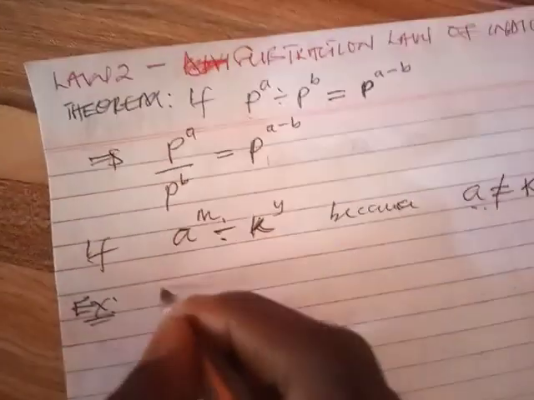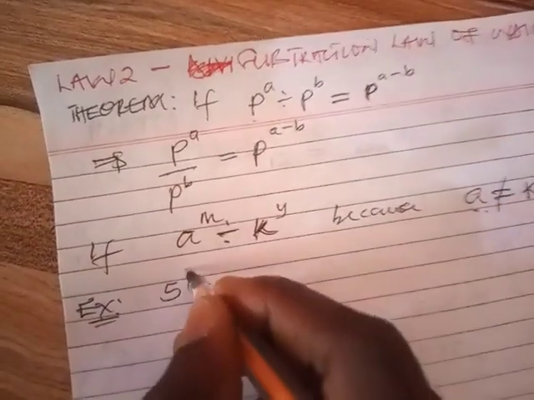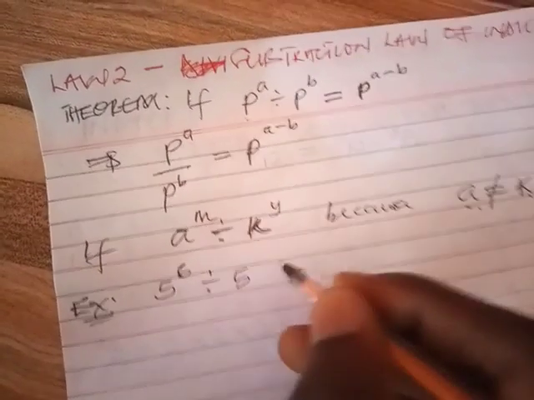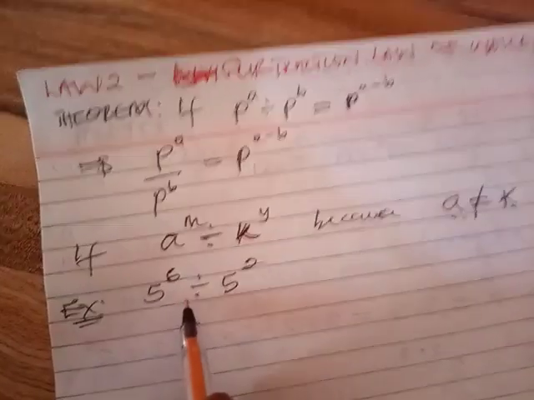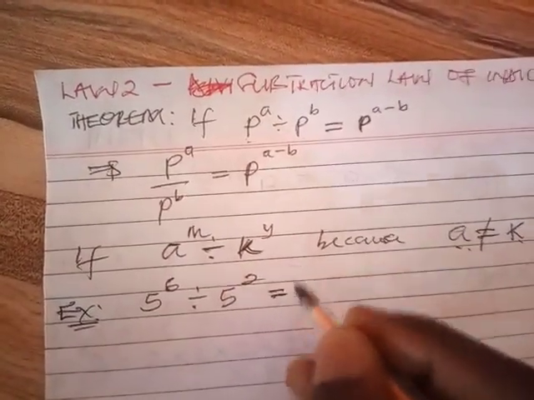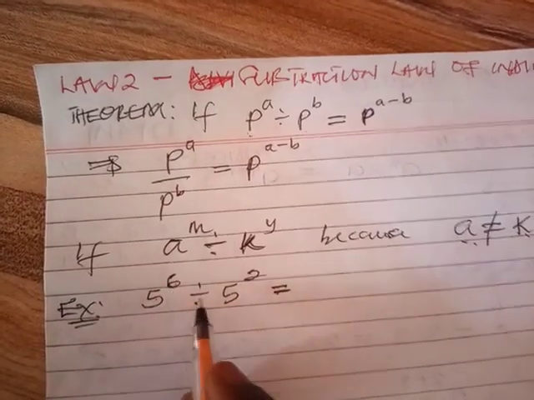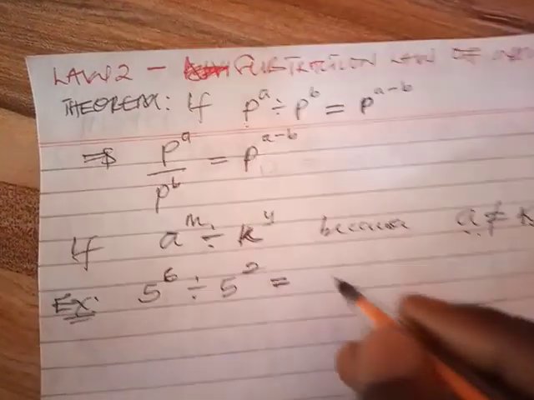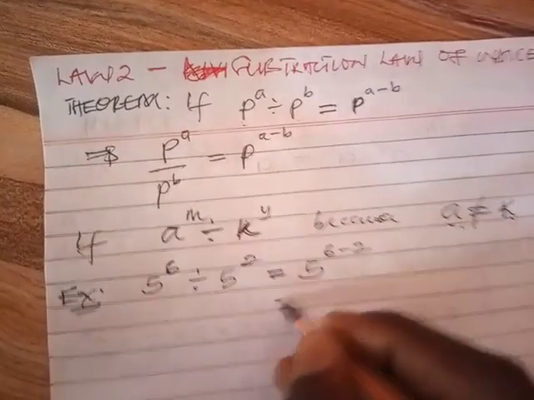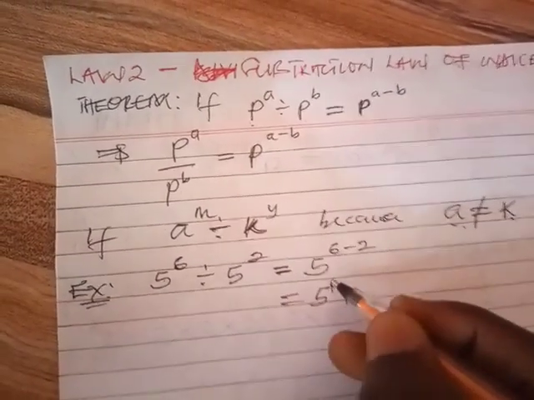So let's pick an example. Let's say 5 exponent 6 divided by 5 exponent 2. Because of this law, we can solve this quickly: 5 exponent 6 divided by 5 exponent 2 is equal to 5 exponent 6 minus 2, which is 5 exponent 4.